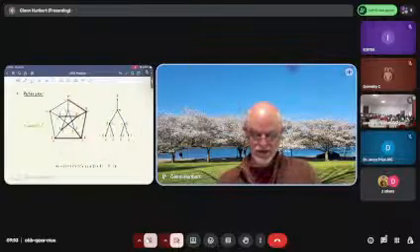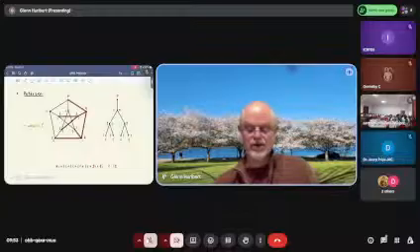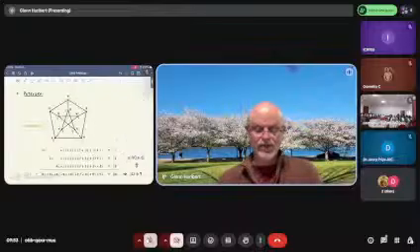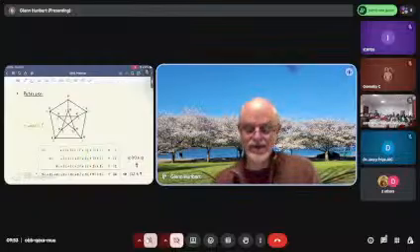Then we can do it with this red tree and get yet another inequality. So what do we do with that? We can add them together just like we did before. And you'll notice that every coefficient adds up to 4 exactly.